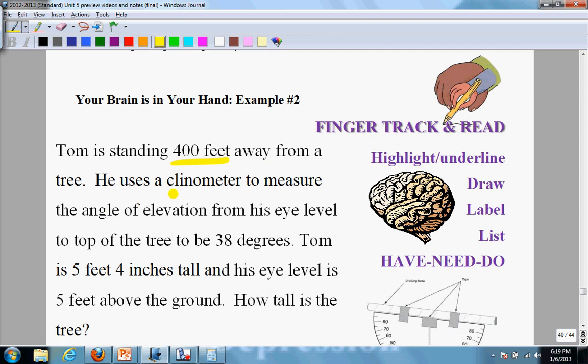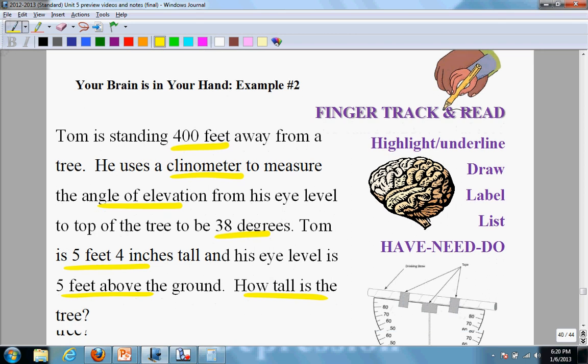He uses a clinometer to measure the angle of elevation from his eye level to the top of the tree to be 38 degrees. Tom is 5 feet 4 inches tall, and his eye level is 5 feet above the ground. How tall is the tree? Now, what on earth is a clinometer? A clinometer is an instrument used to find angles of elevation and depression.